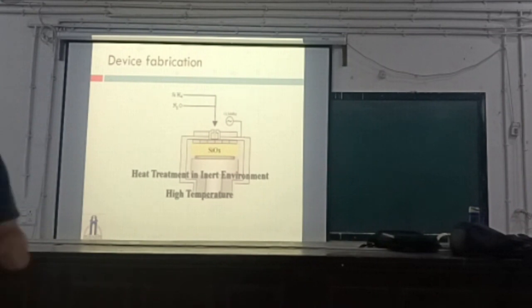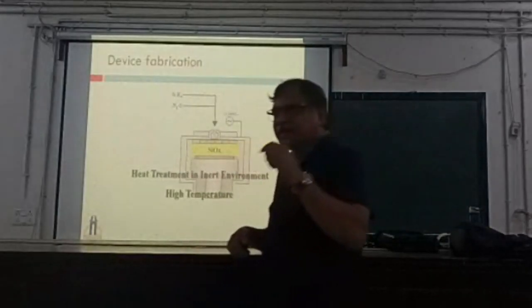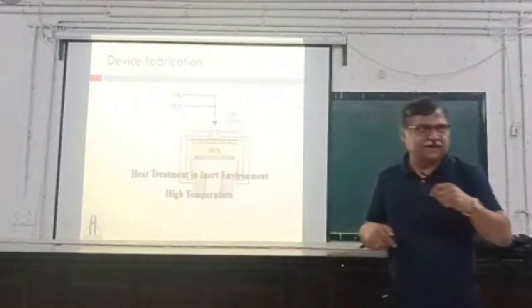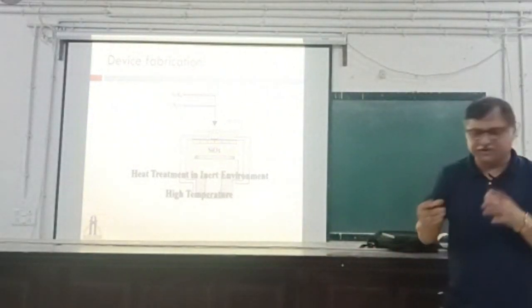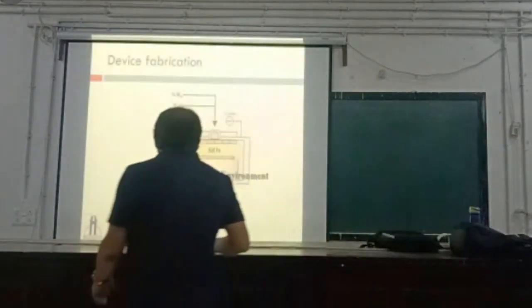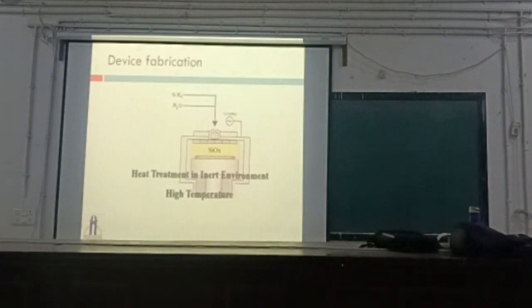That means SiOx is silicon rich silicon oxide. It's not in proper stoichiometry. So if you generate that and heat it up, what happens? It will try to reach the stoichiometry of SiO2, so some silicon will be released, and that silicon will create nanocrystals.